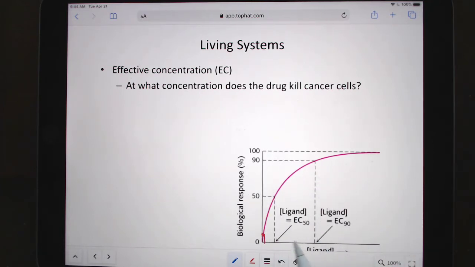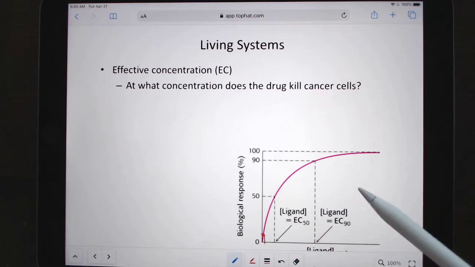Usually you get either EC50 or EC90. At what concentration do half the cells die, what concentration does 90% die? And you rarely ever do 100 because you can't always get to 100.